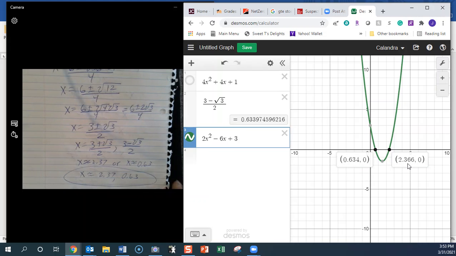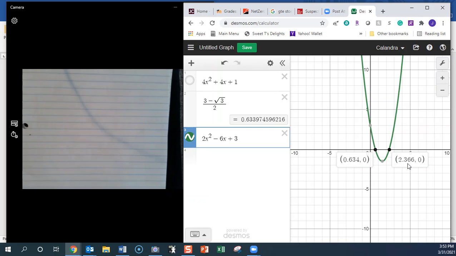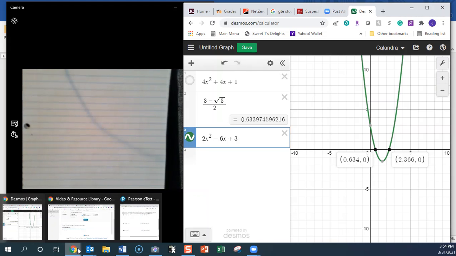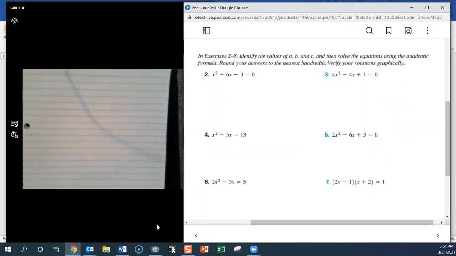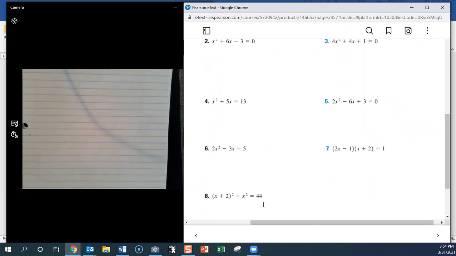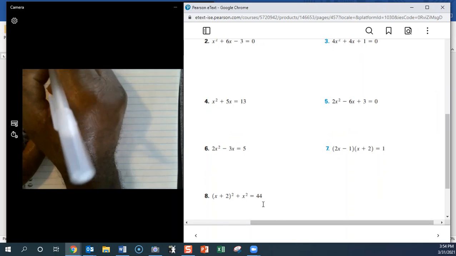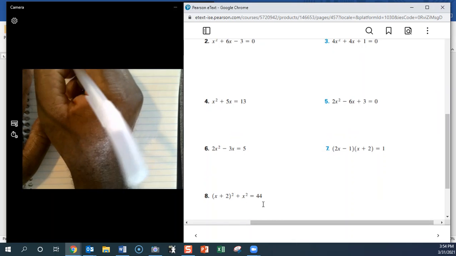Now, I'm not going to do the graph for 7. We're just going to go through and solve this for problem number 7. Oh, we have a double parenthesis. 7.